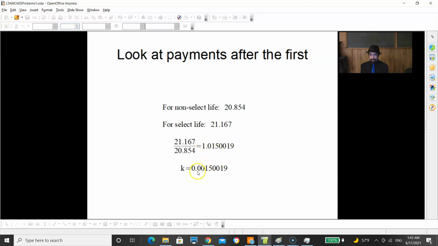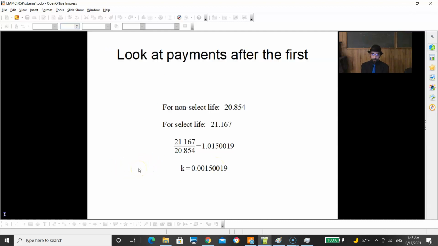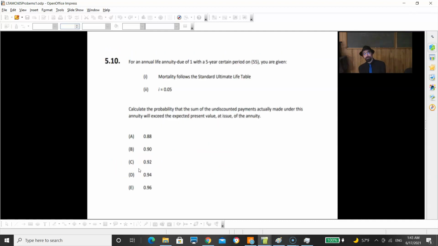And I have an extra 0 here, don't I? This should be k equals 0.015, not 0.0015. Made a typo. One of these zeros should not be here. My mistake. But we get k is 0.015, which is one of the choices. Alright.